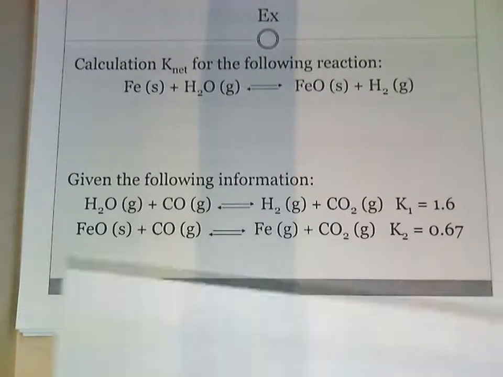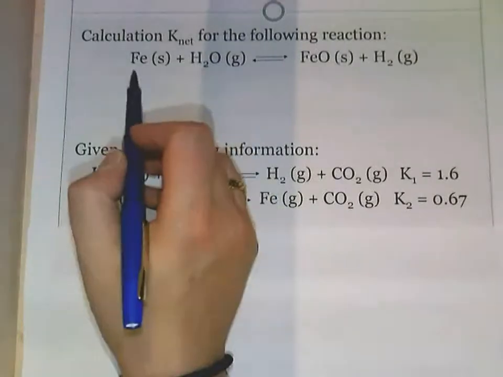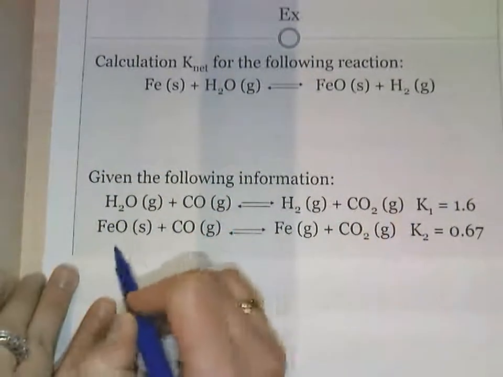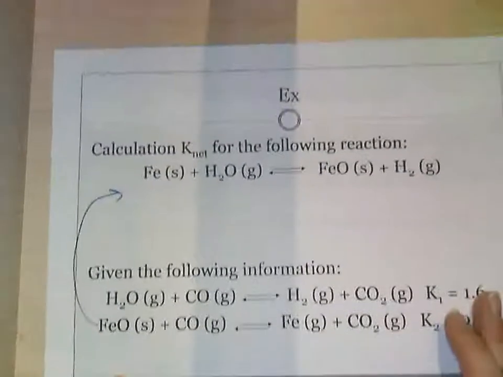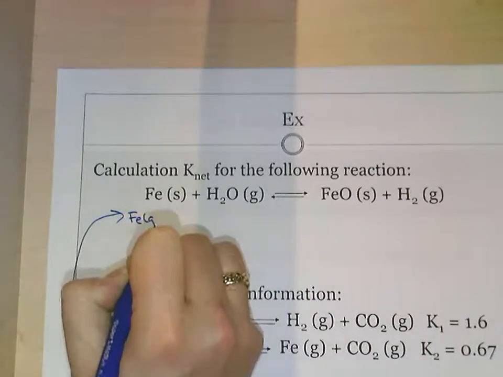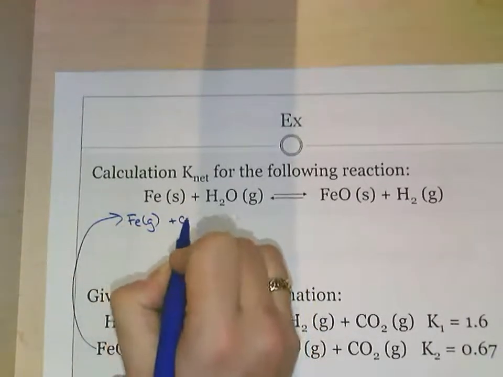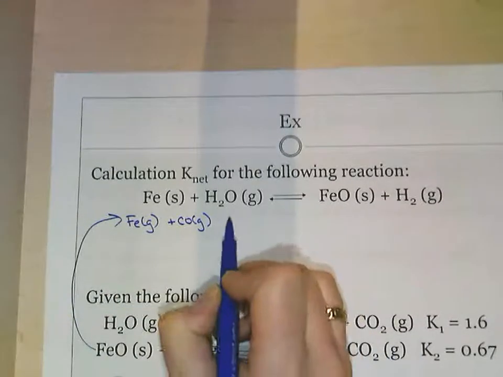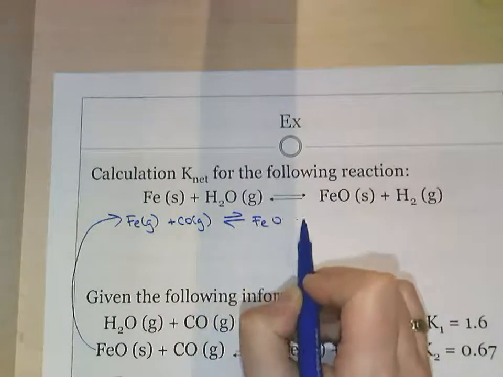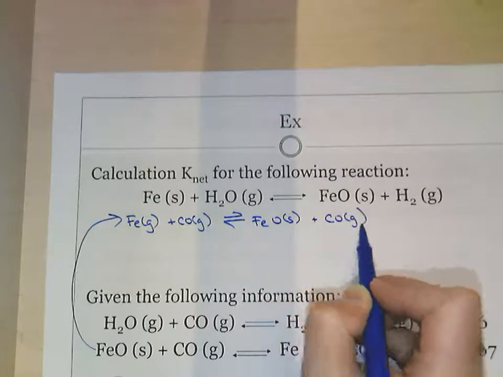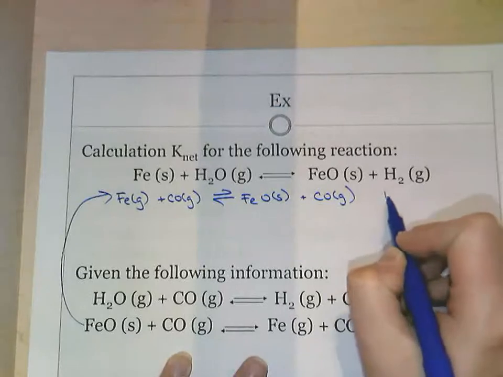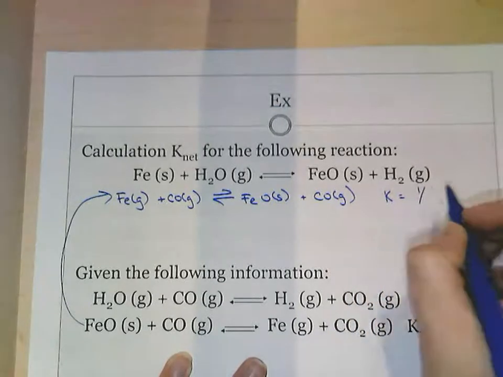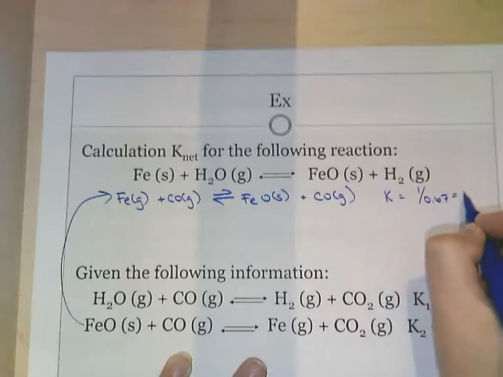So I know I would need iron as one of my starting materials, so I'm going to use this equation, but I'm going to rewrite it so that iron is the starting material. Now that I have reversed the direction of the equation, I now have to go 1 over 0.67, which is equal to 1.49.